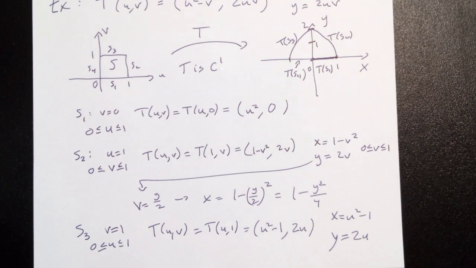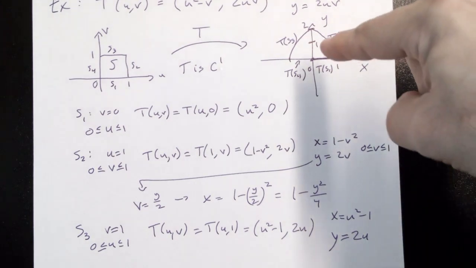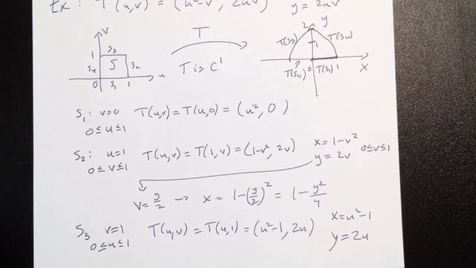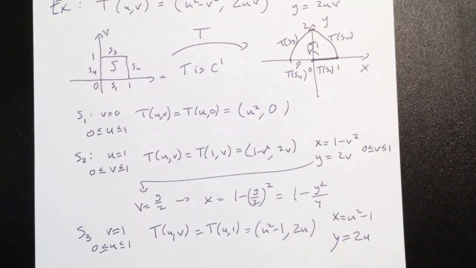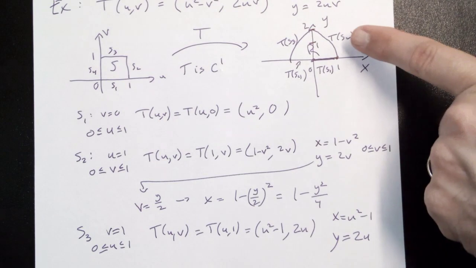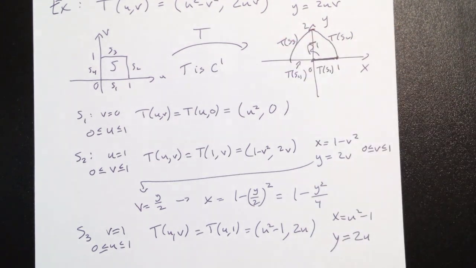If I wanted you to do the integral of some function on this region, because remember, this is my R, the image of my square, you would need to have the parabola for this side and the parabola for that side. If you did this as a type 1 region, you'd have to go from negative 1 to 0, parabola minus line, and then from 0 to 1, parabola minus line.